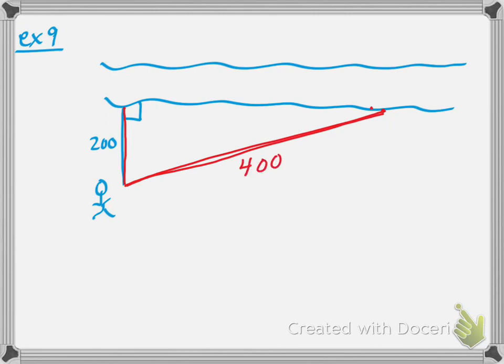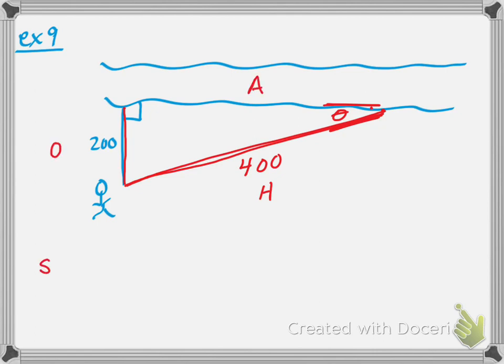And there is a picture in the book. Find the acute angle theta between this path and the river's edge. Well, this was our path. There's the river's edge. So we're looking for that theta right there. This is my hypotenuse. And for our theta, this is opposite. This is adjacent.